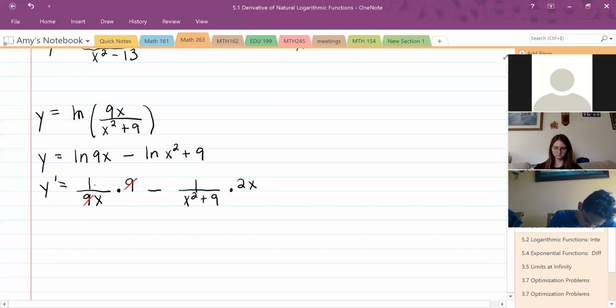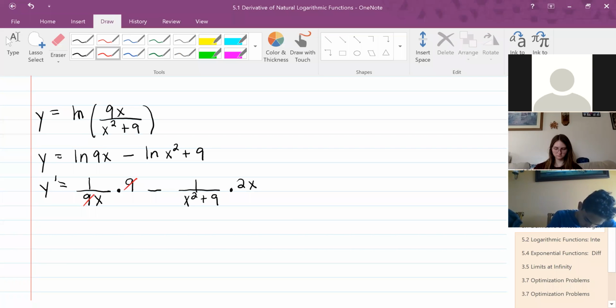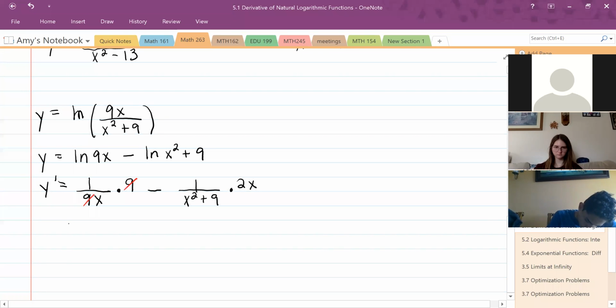I can cancel these 9's out, which gives you 1 over x minus 2x over x squared plus 9. And that's all there is for that one.